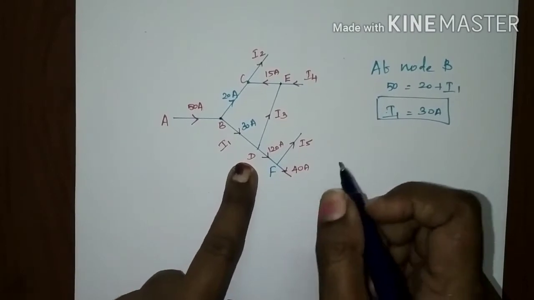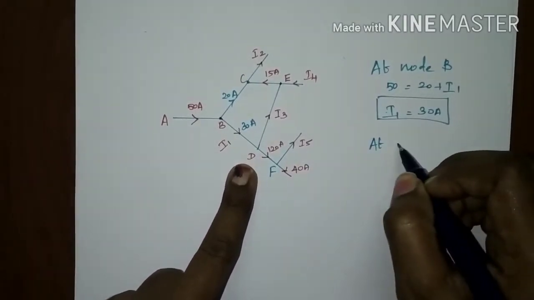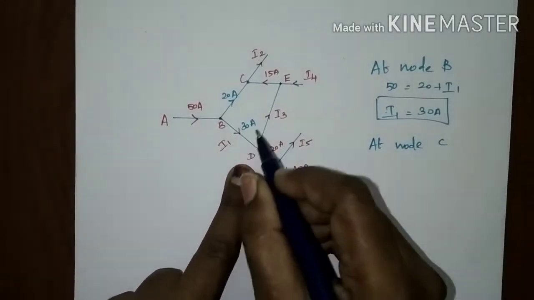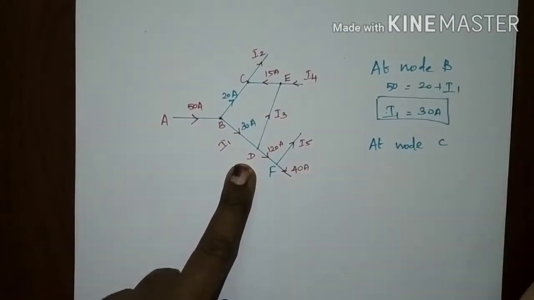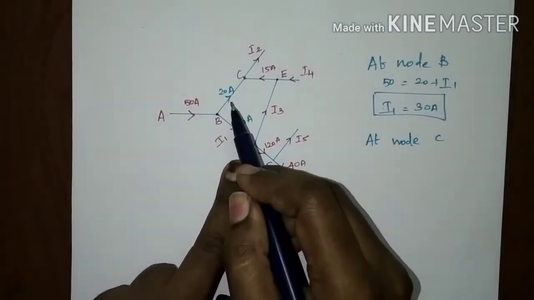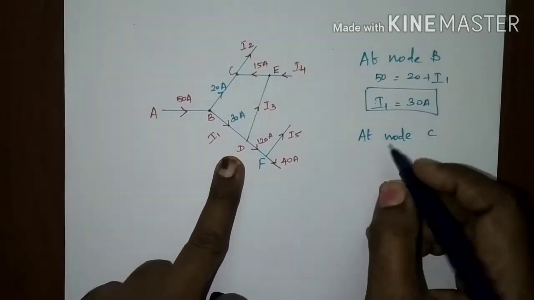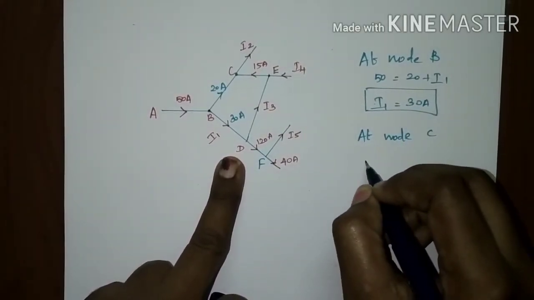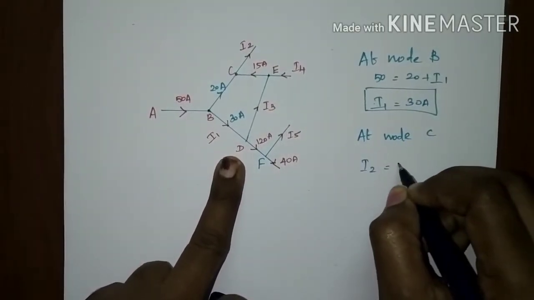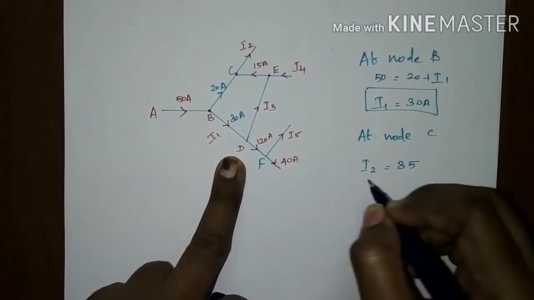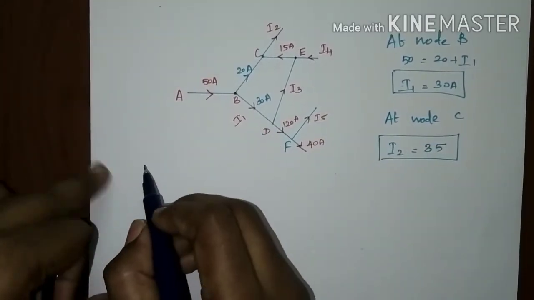Now at node C, the sum of the incoming currents is equal to the sum of the outgoing currents. The incoming currents are 20 and 15, so I2 is equal to 35 ampere.